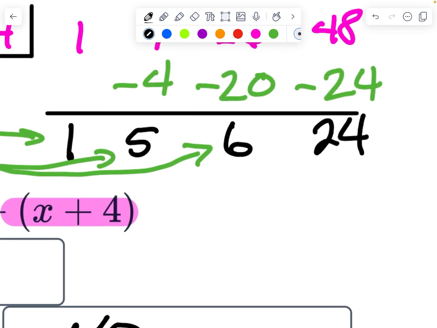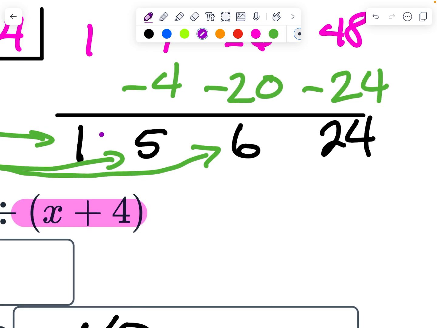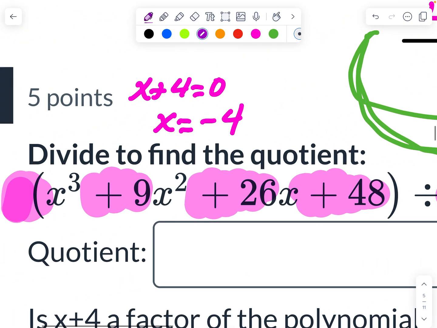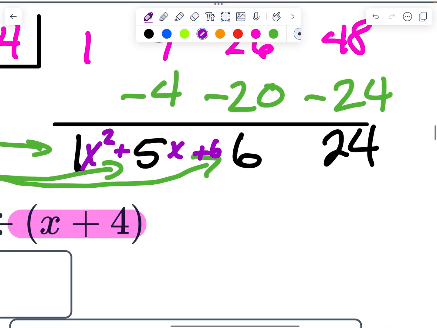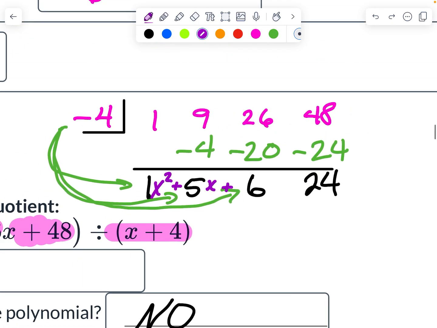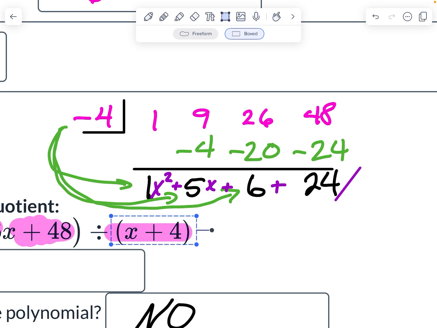Now I need to write my answer. And this is x to the, what was my highest power? X to the second plus 5x plus 6. Plus 24 divided by x plus 4.